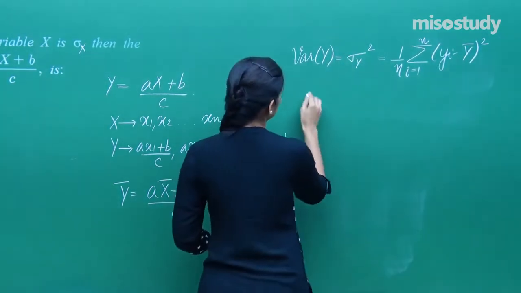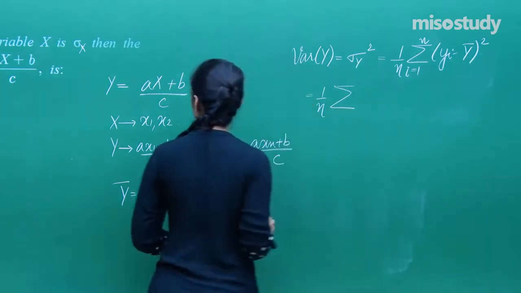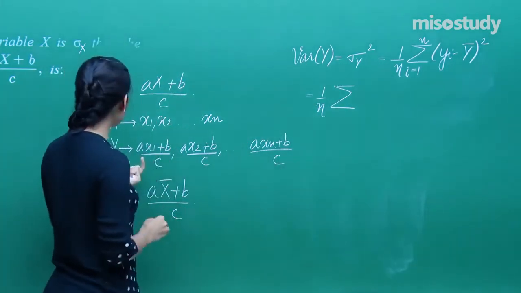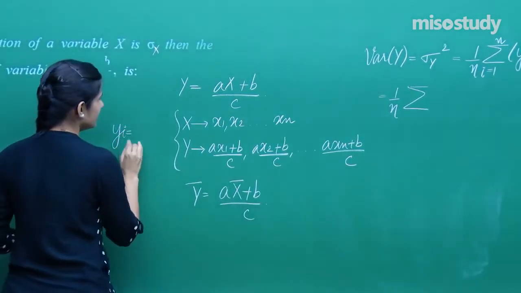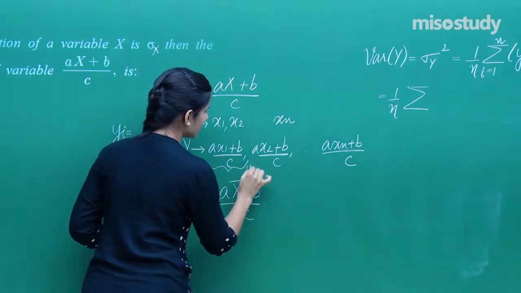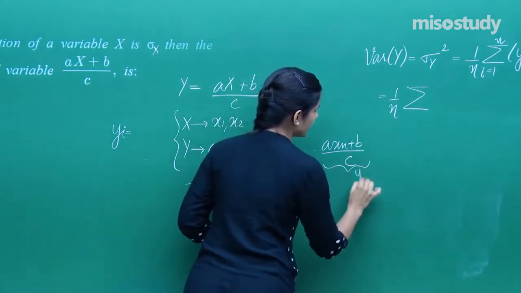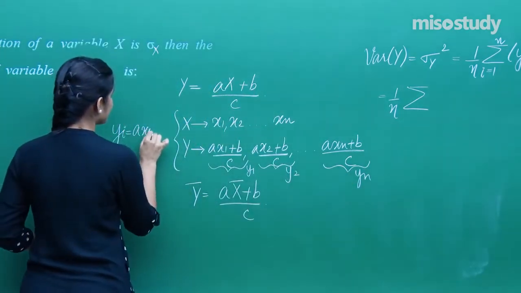Clear? This is equal to 1 by n summation. What is yi? See, this is y1, this is y2, and so on, this is yn.